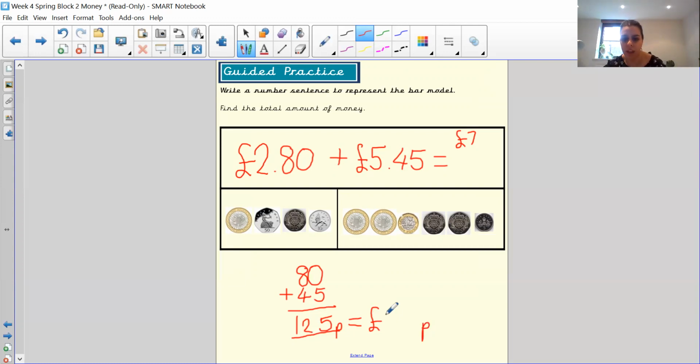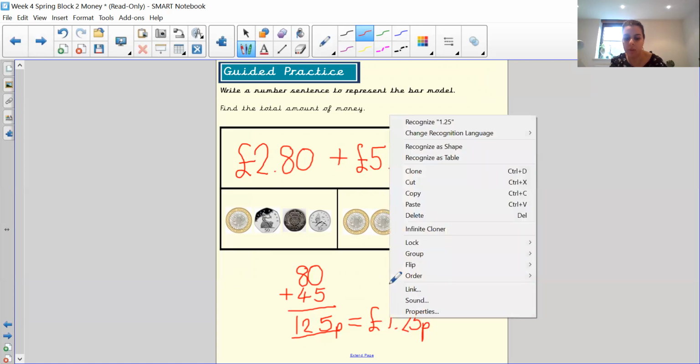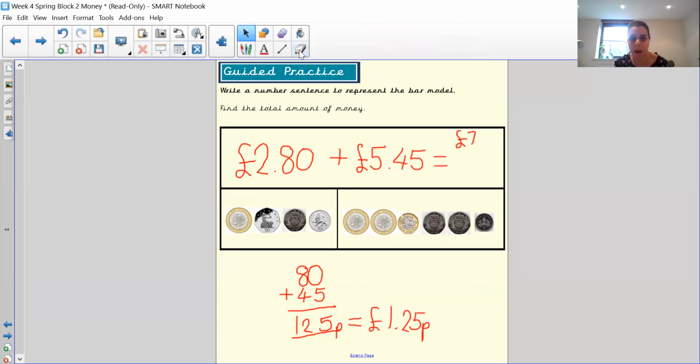Okay, so hopefully you got £1 and 25 pence. Well done if you did, that's fantastic. So we've turned that into pounds and pence. Now we need to add that to the pound that we already had. We already had 7 over here. So instead of £7, it's now going to be £8. So I'm going to actually rub out my 7.